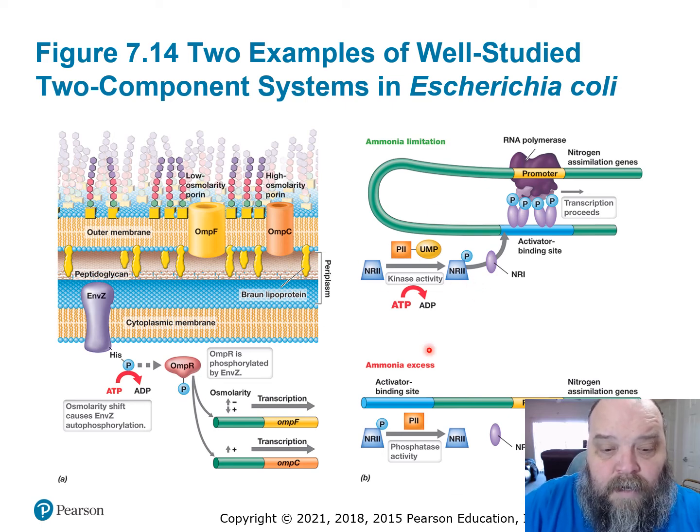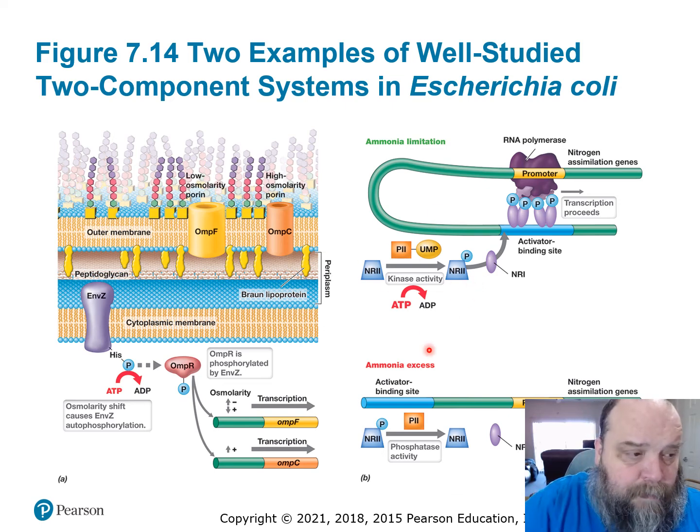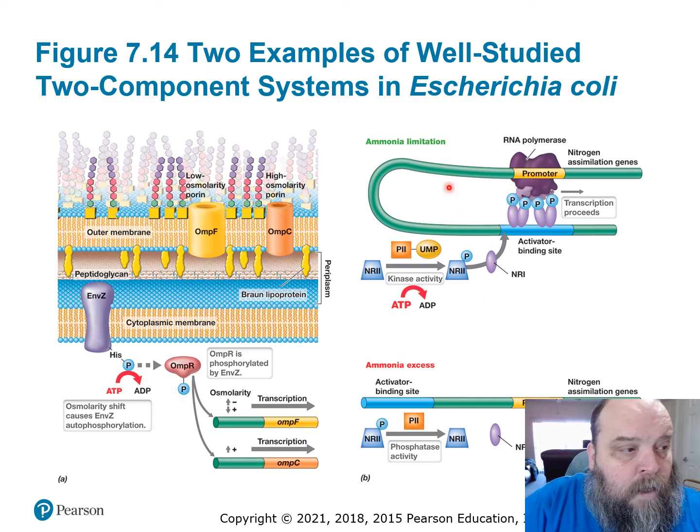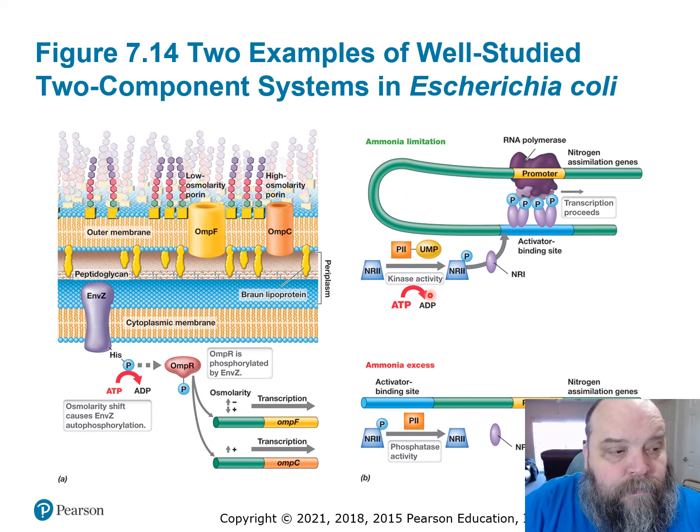You see the same thing with nitrogen metabolism. Ammonia limited, ammonia in excess. When ammonia is limited, we see that the receptor phosphorylates. Here, instead of ATP, it's using uracil monophosphate. It takes the phosphate group.